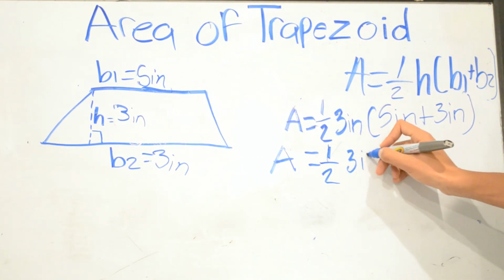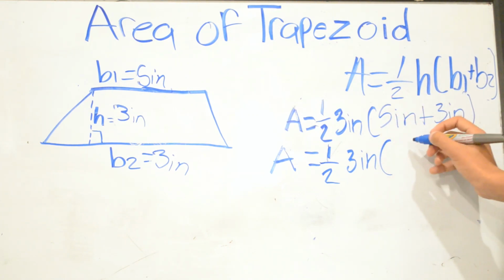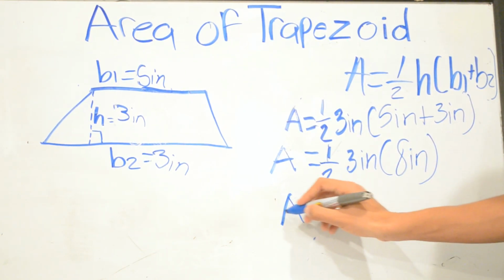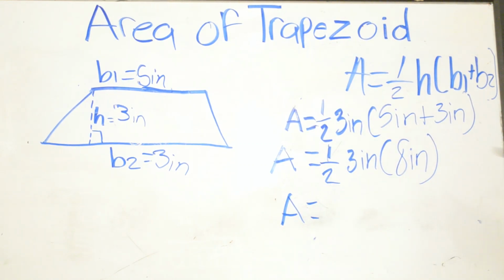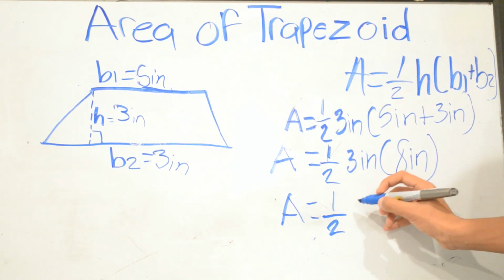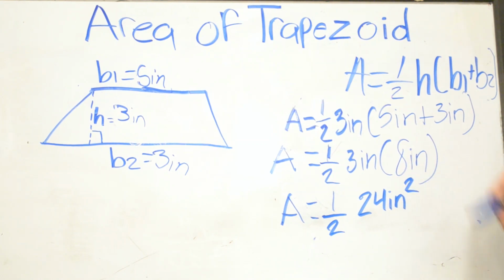So we write 1/2 3 inches parentheses, and our answer was 8 inches. 5 plus 3, 8 inches. Now we multiply our answer times our height. So 8 inches times 3 inches equals 24. So 1/2 and 24 inches squared.